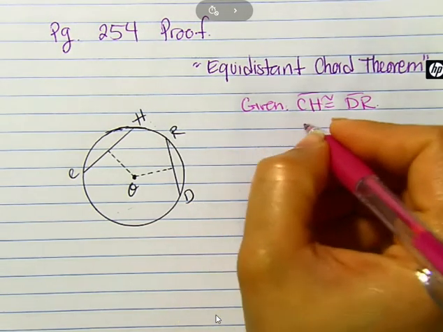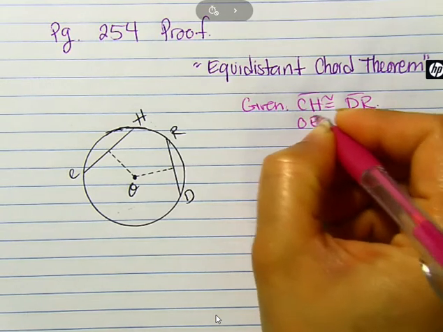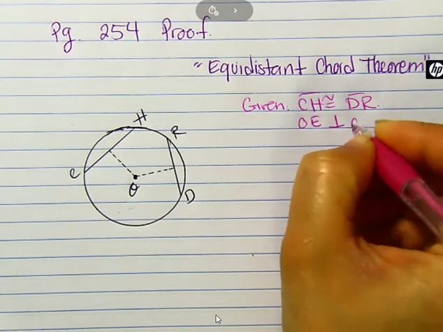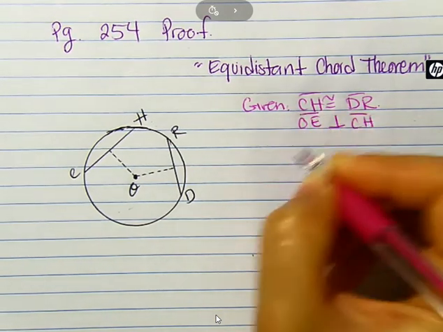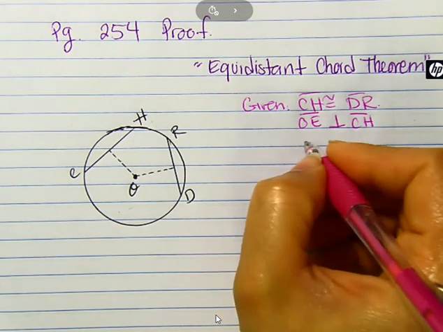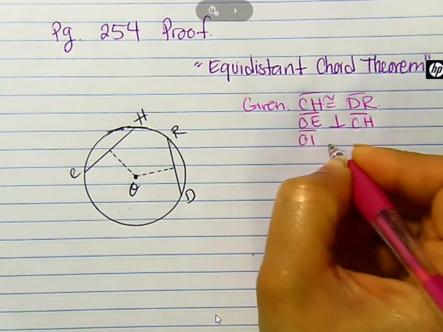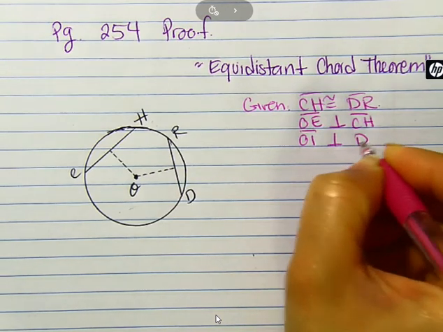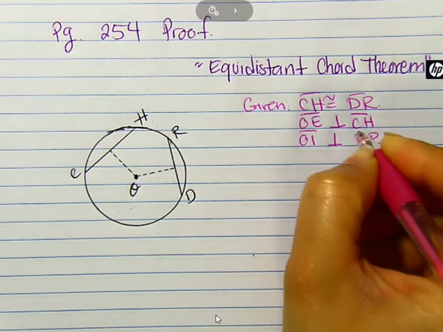And then we know that OE is perpendicular to CH, and I'll go ahead and mark those on the diagram in a little bit. And then OI is perpendicular to chord DR as well.